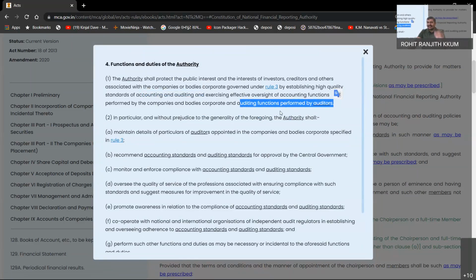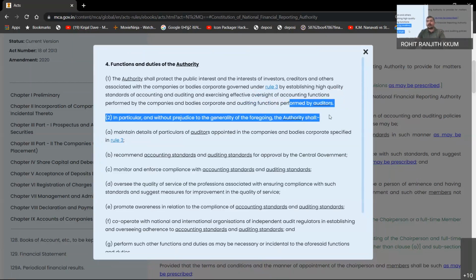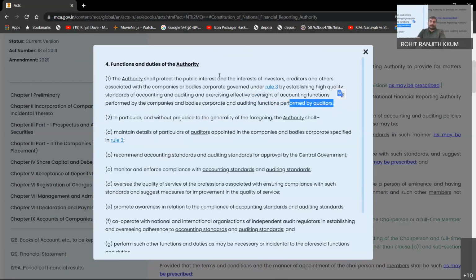It is clearly written in the rule that this institution is established to have oversight. Oversight means to keep vigilance on how they are performing their auditing duties, because if an auditor is not performing, it will obviously adversely affect the Indian economy.